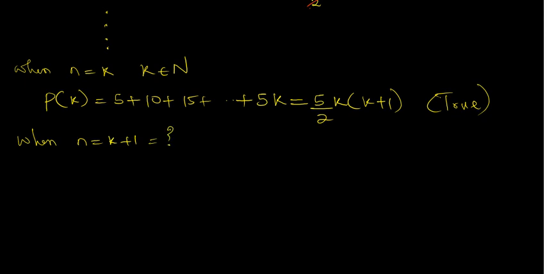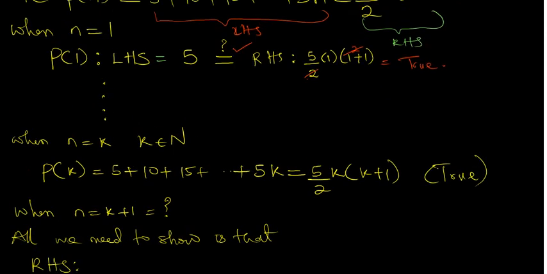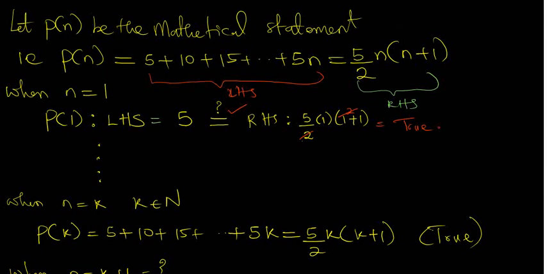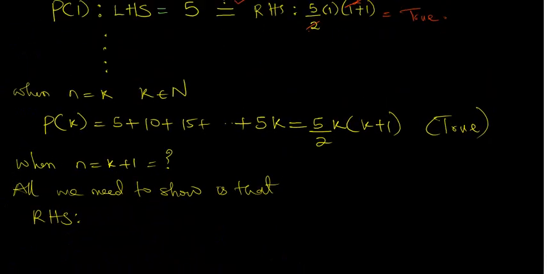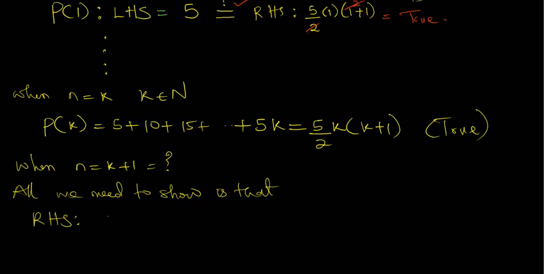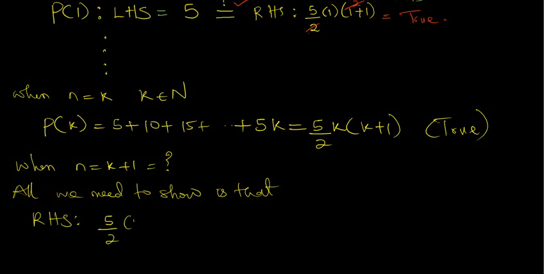So all we need to show is that the right hand side is equal to, when n is k plus 1, 5 over 2 times k plus 1 times k plus 1 plus 1.